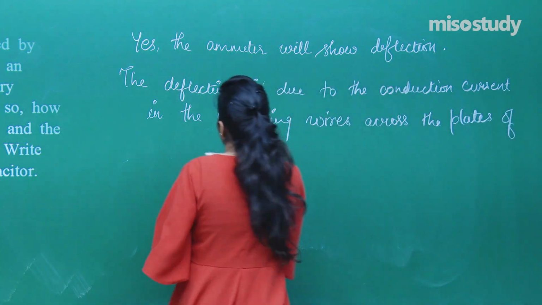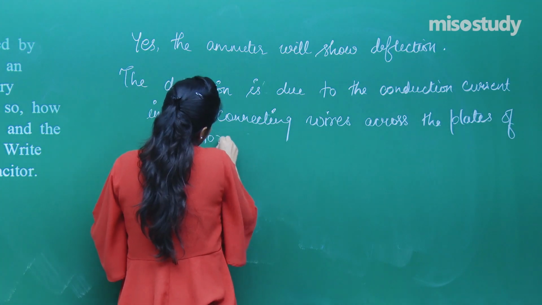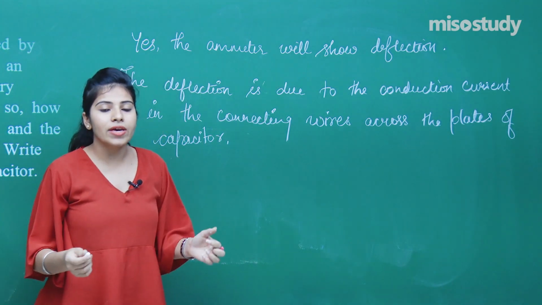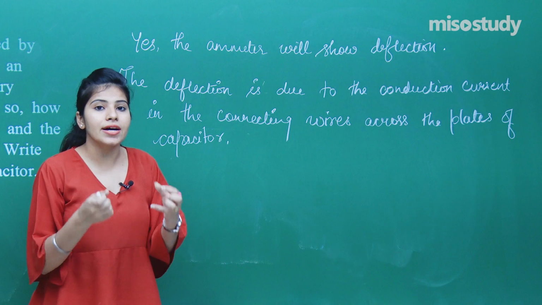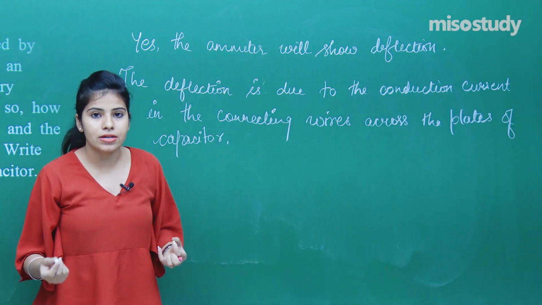Now see, if the current is flowing across the plates, there will definitely be an electric field. So we can say the charge is being collected at the ends of the parallel plate capacitor.